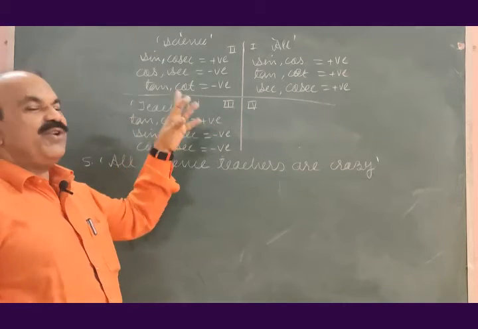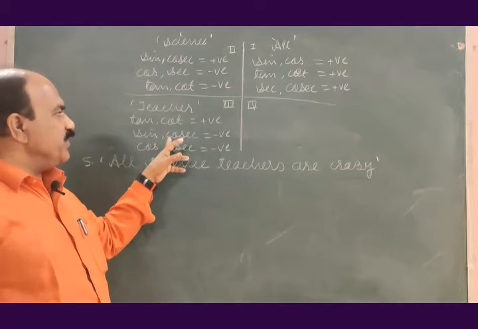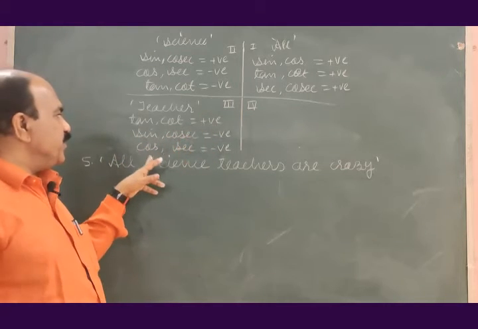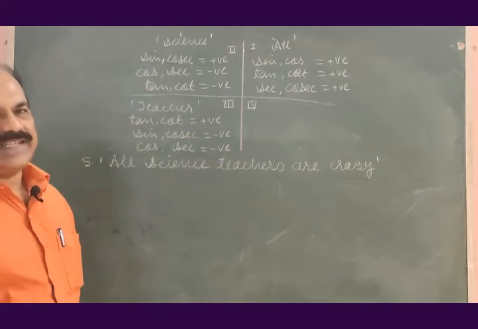Only tan and cot will be positive. Sine will be negative. Cosec will be negative. Cos will be negative. Sec will be negative.